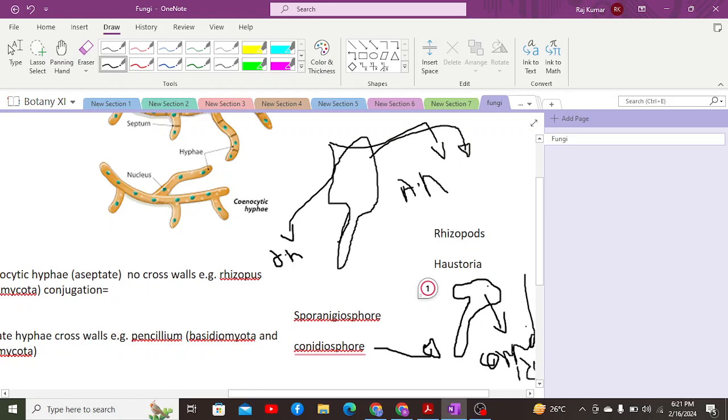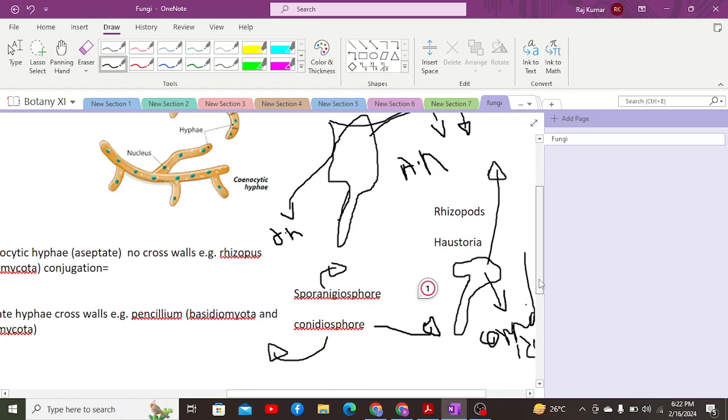Within that conidia there is production of several conidiospores, and these conidiospores burst out in order to grow into separate organisms. Examples: Rhizopus has sporangiospore development, and Penicillium has development of conidiospores.